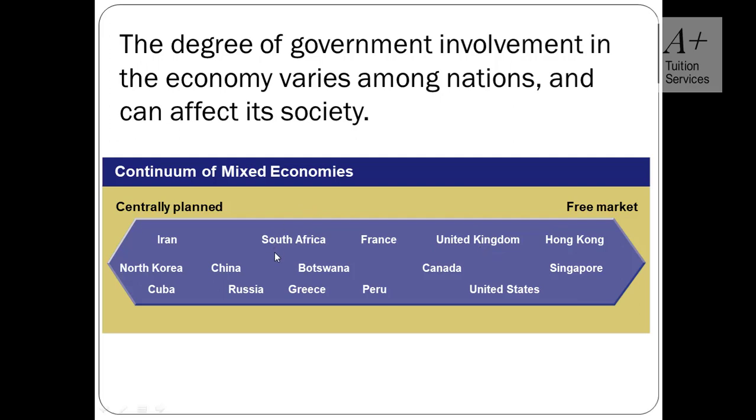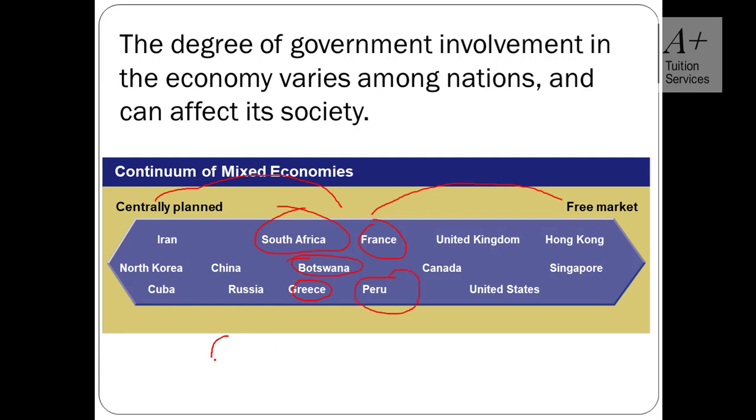In the middle section, we will have the mix, which is basically a pooling of centrally planned and free market, with countries such as South Africa, France, Botswana, Greece, and Peru.